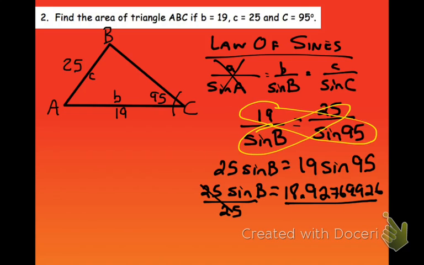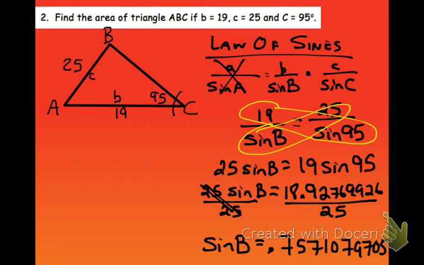Next I would divide so that sine B equals 0.7571079705, and I know I'm running out of room. To get rid of that sine, you have to use arc sine, so that these cancel, and I get that angle B is about 49.2 degrees. So that gives me this angle.